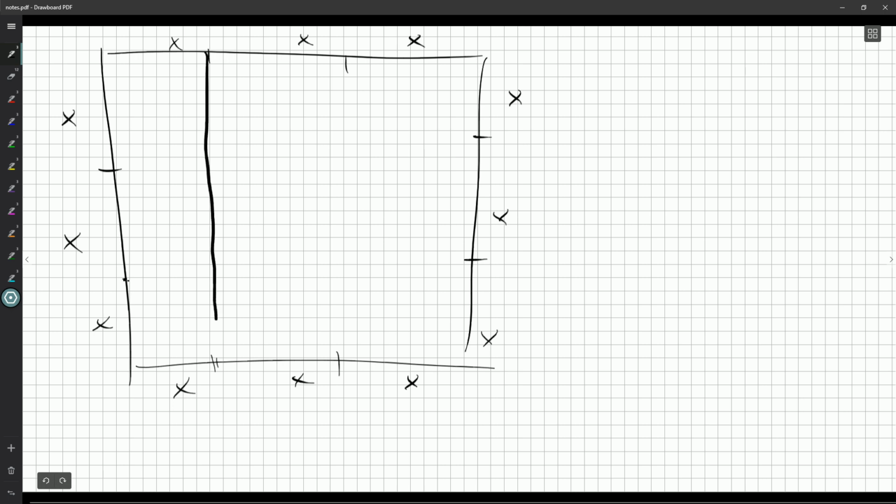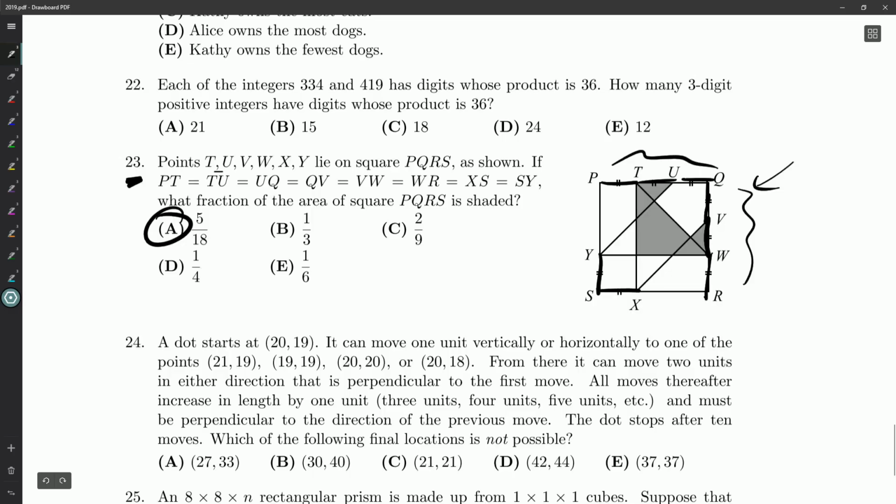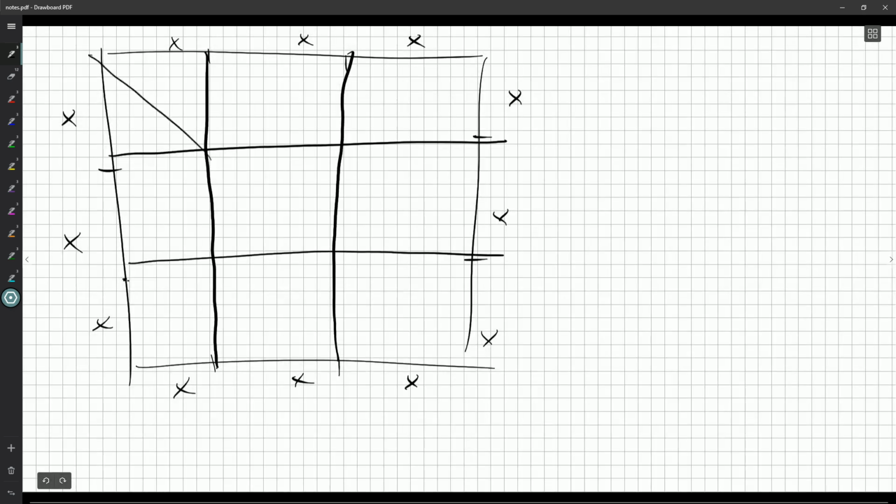And what I'm going to do is divide up the area completely. Now in this question, the smallest thing I see is a nice little part of a square. So I'm going to chop up these little squares here as well.